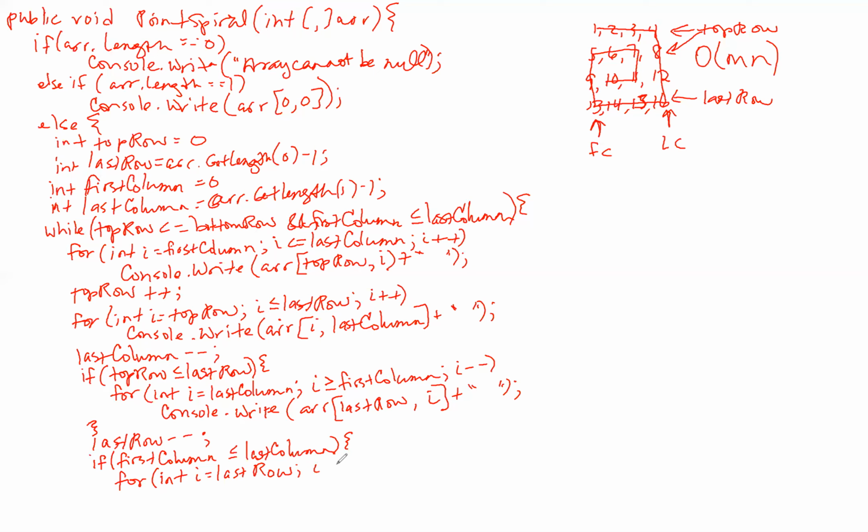So we want I to be greater than or equal to the top row, I minus minus. And we do a console dot write array at I, because I is what's changing here as we go by the row, and then first column is what we're looking at.